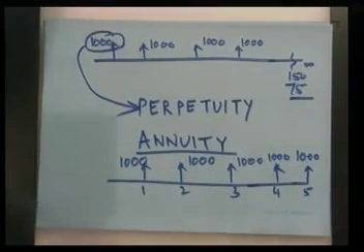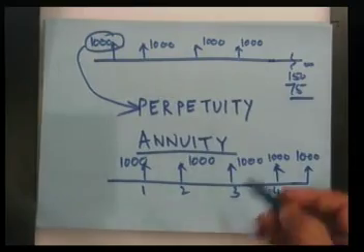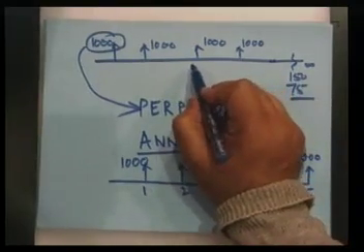Equal amount of money paid or received throughout the life is known as perpetuity, whereas if it is for a limited time period, we call it an annuity. This is just a simple definition which you can understand. Now, it is very easy to calculate formulas for such cases.